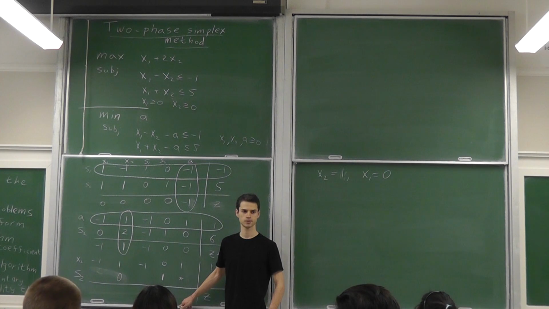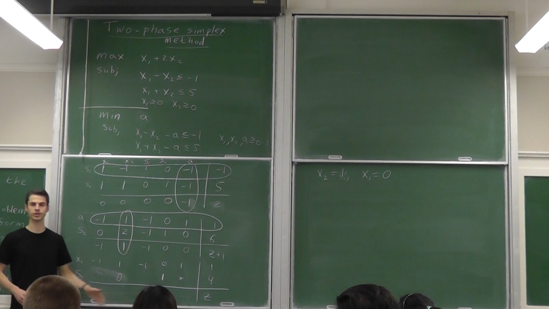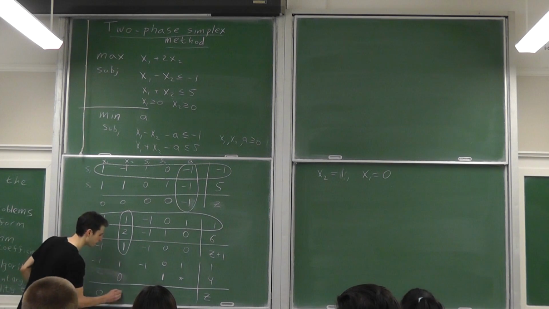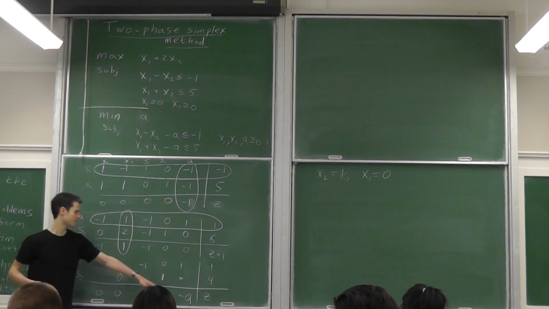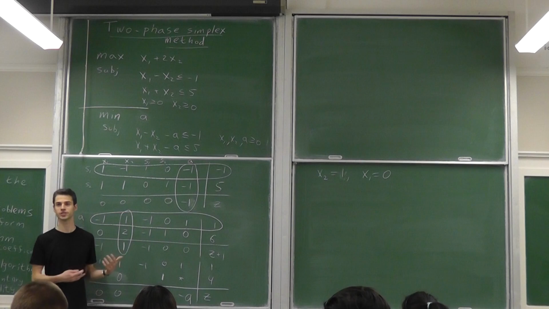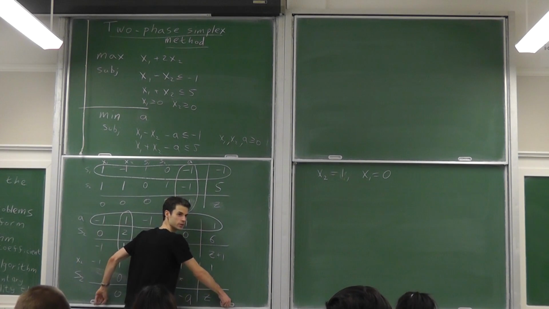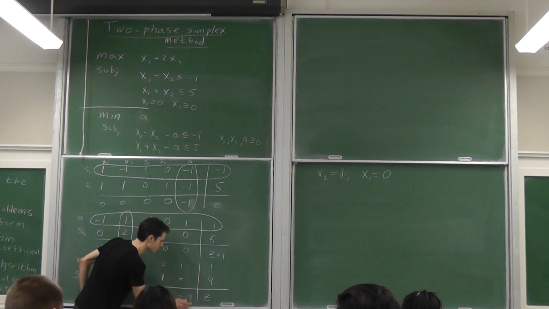All zeros. Yes, all zeros and minus 1. So here I always write the row z is equal to minus my artificial parameter, because that's what I started with, that was minus the artificial parameter, and I brought z all the way to 0. Oh, sorry, minus 1.